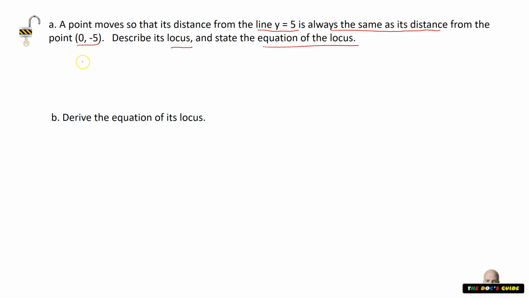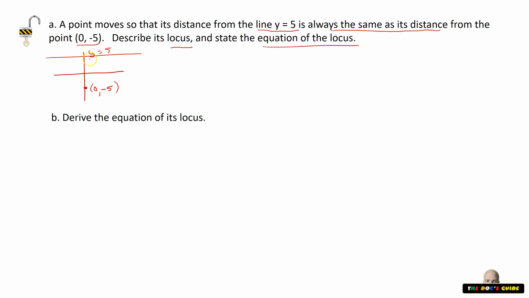A good starting point is a sketch. So we have the focus just here at (0, -5). Hopefully we're starting to suspect that this parabola might be concave down. The directrix is the line y equals 5. And we have to move the point so that it's equidistant between them.